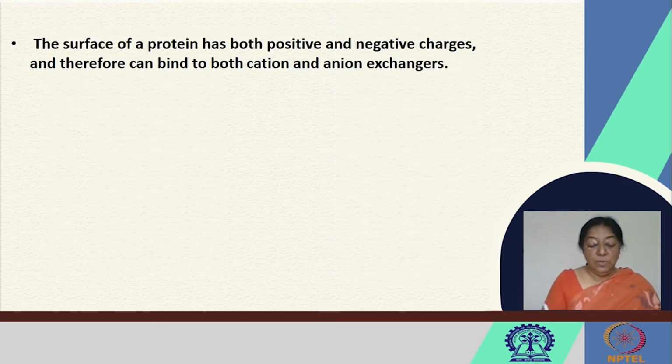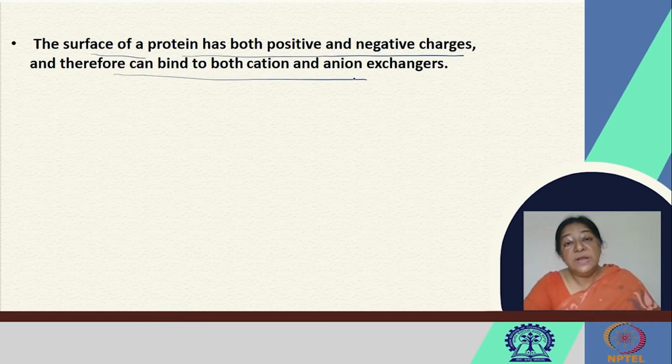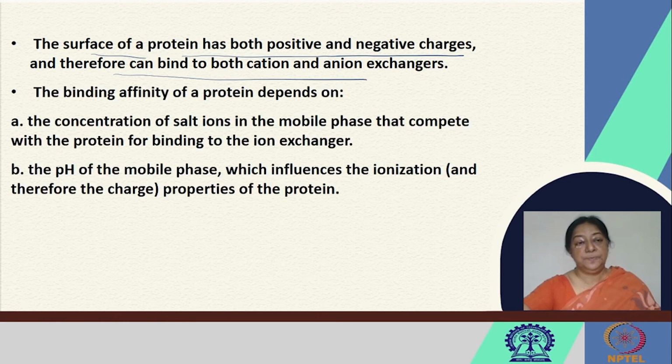The surface of a protein has both positive and negative charges, so theoretically it should be able to bind to both cation and anion exchangers. So how do we ensure that we have proper binding to allow for a proper separation?